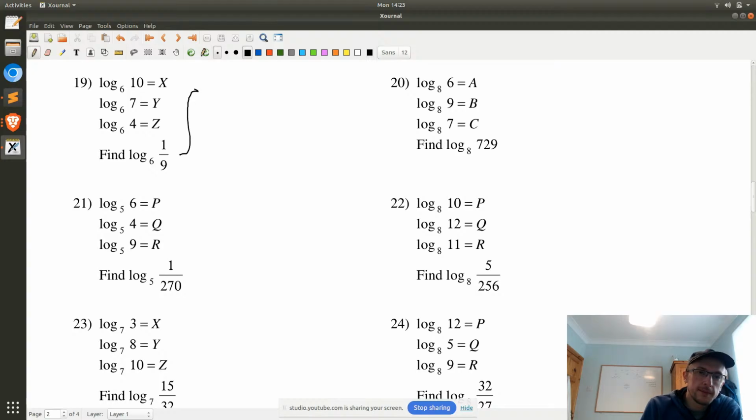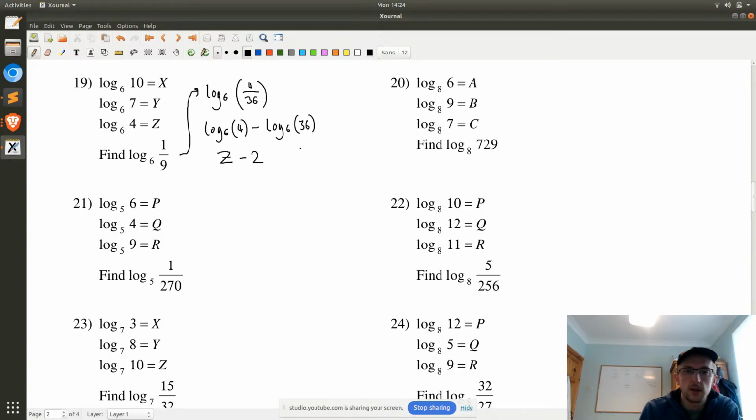So it's like log base 6 of 4 over 36, which is log base 6 of 4, take log base 6 of 36. Log base 6 of 4 is z, and log base 6 of 36 is 2. So z take 2. 729 is 9 cubed. So this is just going to be 3b.